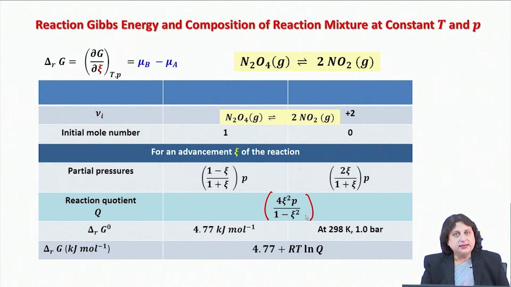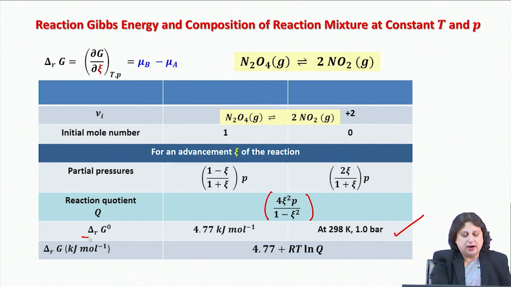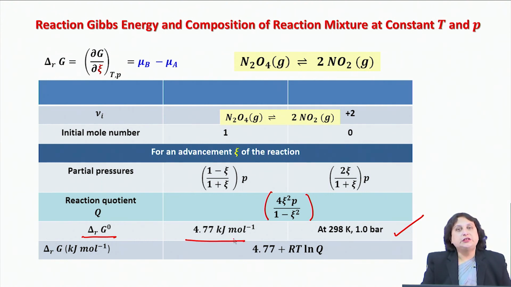Now, from standard tables, knowing the standard Gibbs free energy of formation of N2O4 and NO2, you can very easily find out that ΔrG0 for this reaction is going to be 4.77 kilojoules per mole.